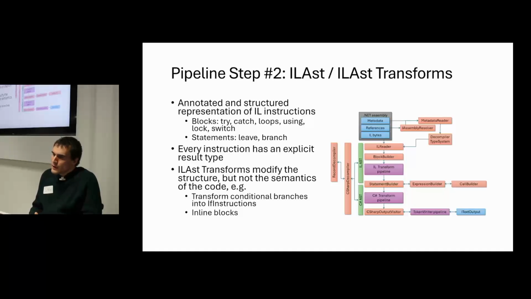And each instruction has its explicit result type. I'm not going into all the IL AST transforms because it's a long list of special cases. But the general goal of a transformation at that level is to not change the semantics of the IL code, but just to make it nicer.